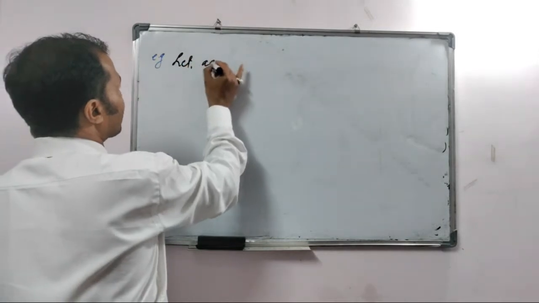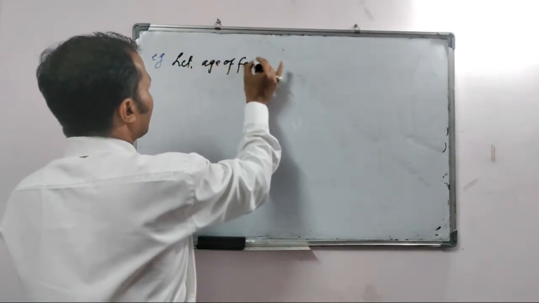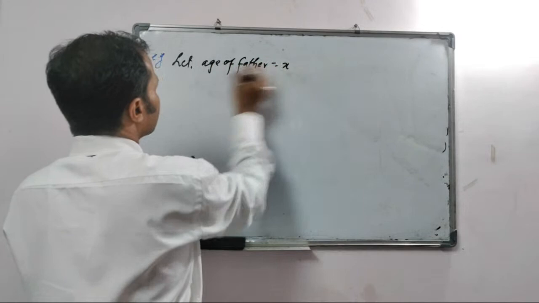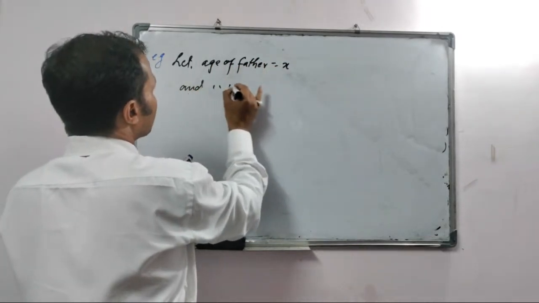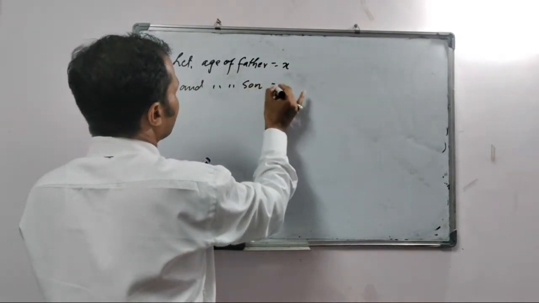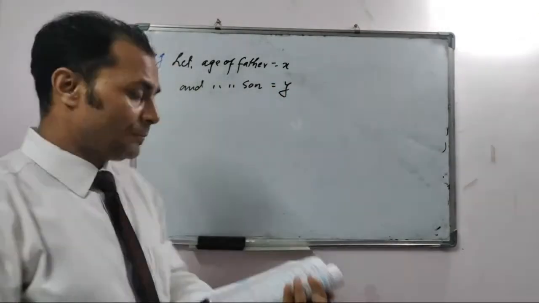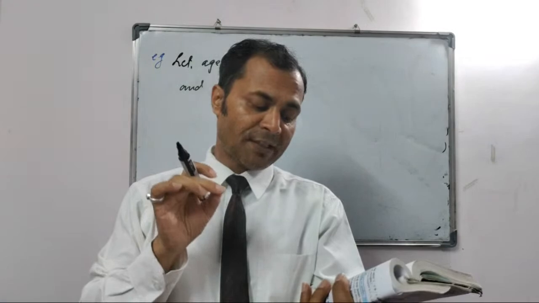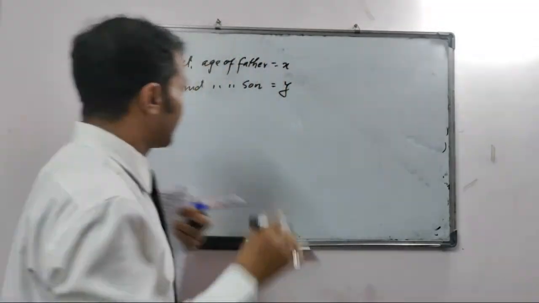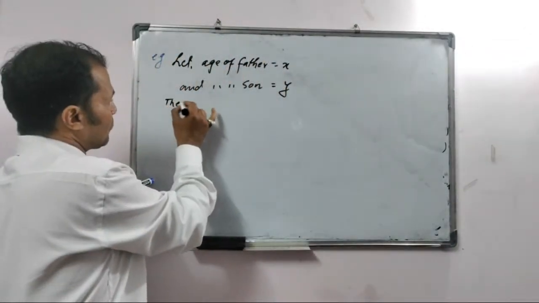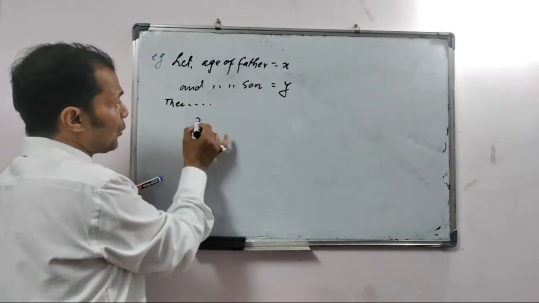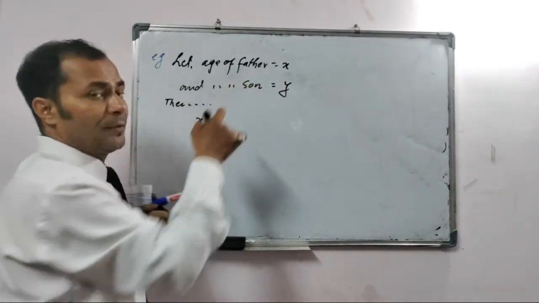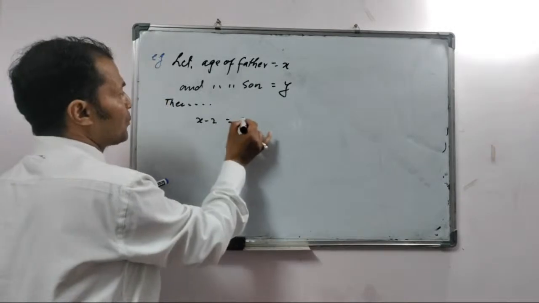Let age of father equal x and age of son be y. Then the question says 2 years ago the man's age was 3 times the square of his son's age. Then according to question, 2 years ago means x minus 2. Both of them will be 2 years younger, right? So x minus 2 equals 3 times (y minus 2) squared.